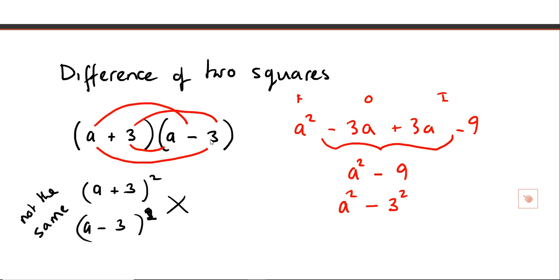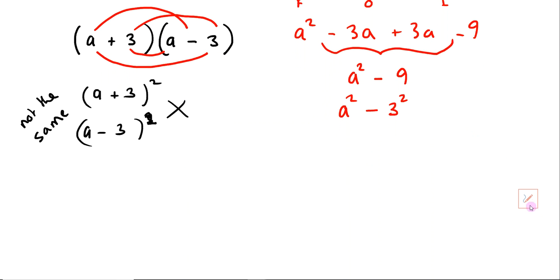That's good because, again, we're looking for potential shortcuts. If I said to you to expand x plus 8 and x minus 8, it's x squared minus 64.